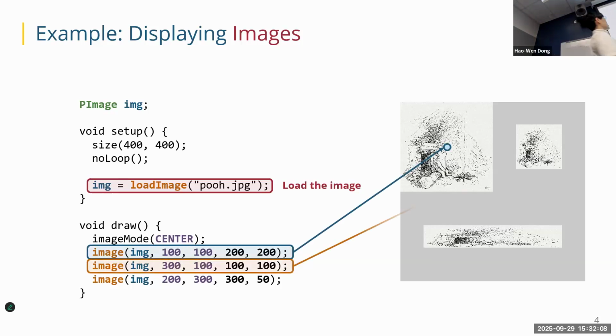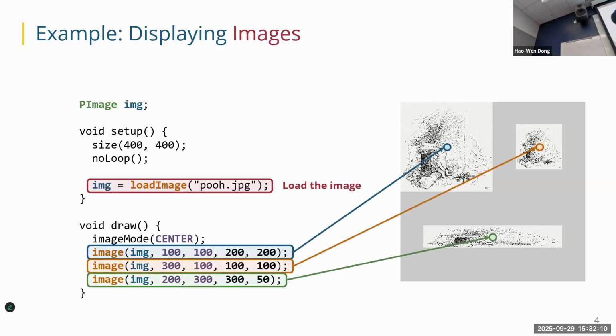Now what you can do is three different ways. Image at 100, 100 would be the center point, and the size will be 200 by 200. For the second one, it will be 300, 100, and the size will be half the size. You can even stretch it into 350, so now it becomes a 1:6 ratio.